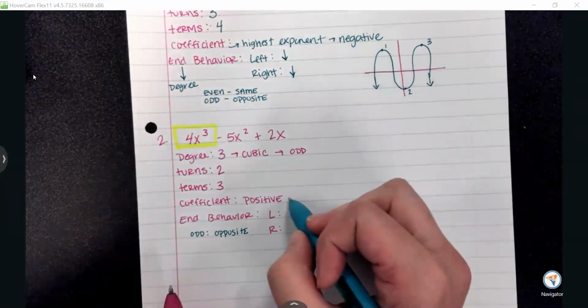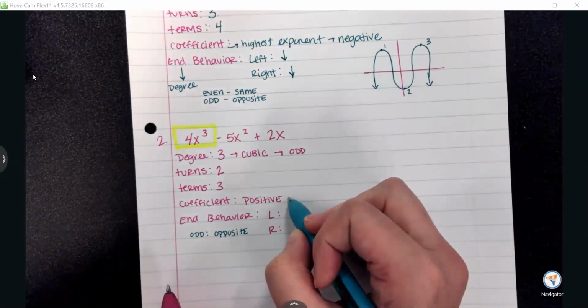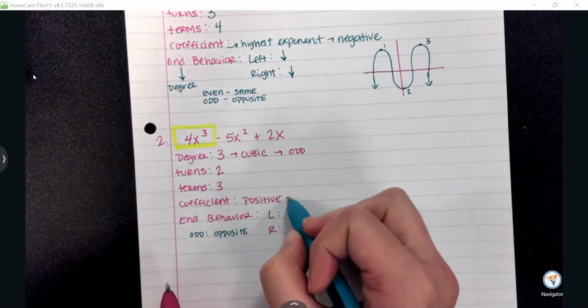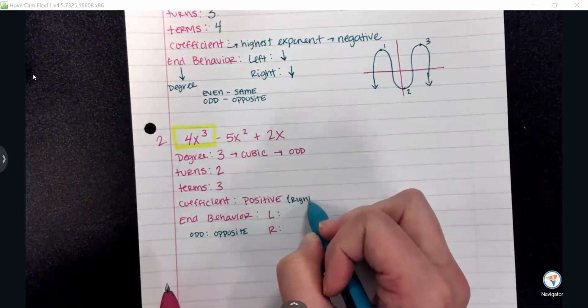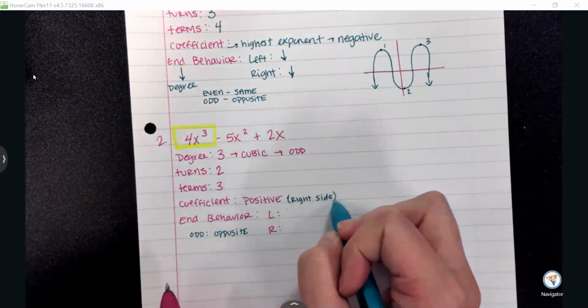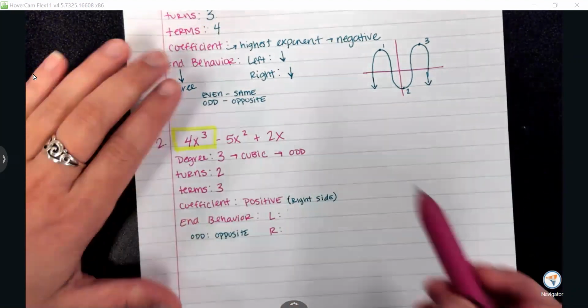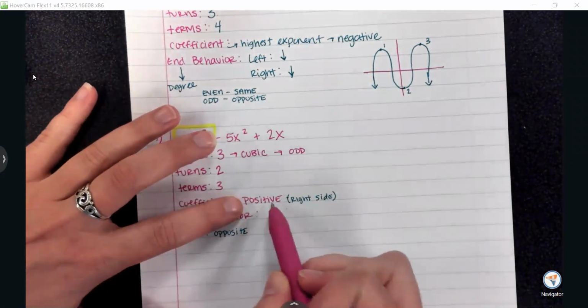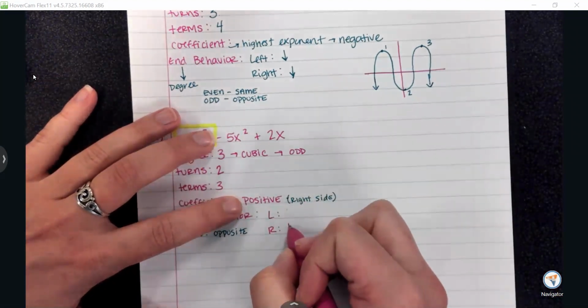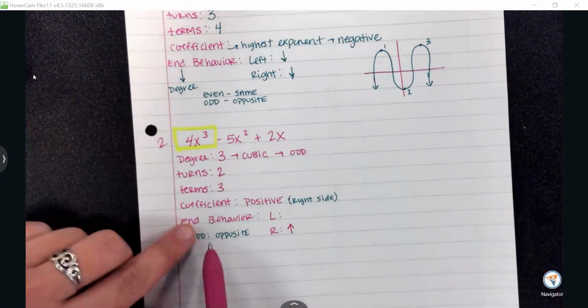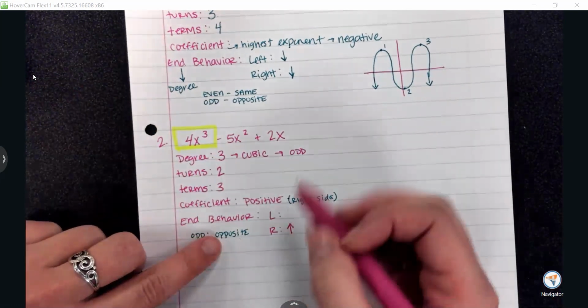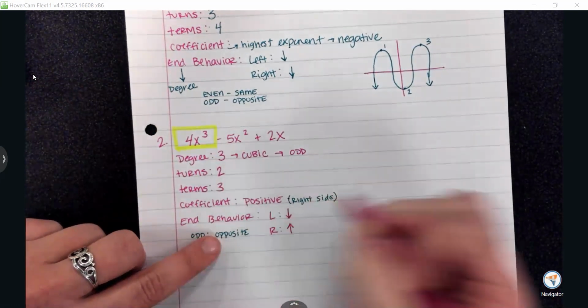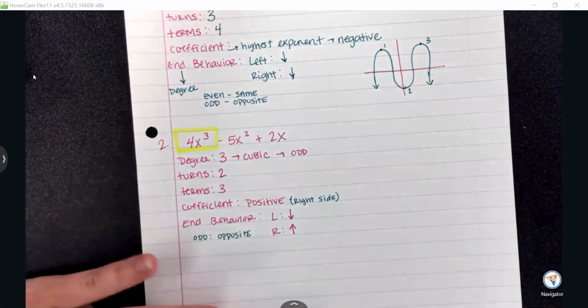Whatever my coefficient is, this coefficient goes to the right side. It's how my graph ends. So positive means my right side is positive. And if they have to be opposites, if the right side is positive, the left side is negative.